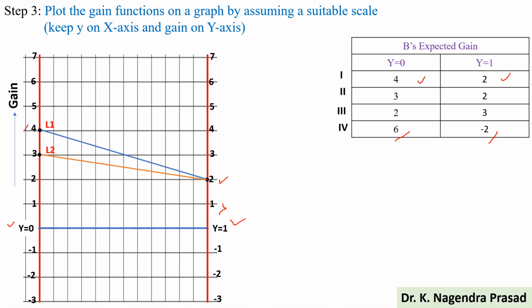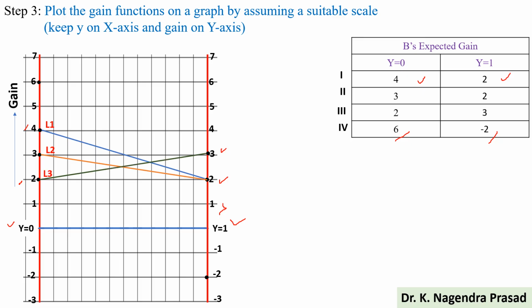Next we have to mark the gain values 2 and 3 for the third strategy of player A on the y-axis at y equal to 0 and y equal to 1. So mark the 2 and 3 at y equal to 0 and at y equal to 1. Next, join these two gain values by the line L3.